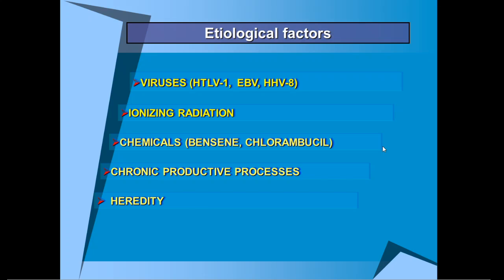In the group of hemoblastosis, we have a bit different situation. There is a real list of etiological factors, and they are really common. They really cause tumors of the group hemoblastosis.